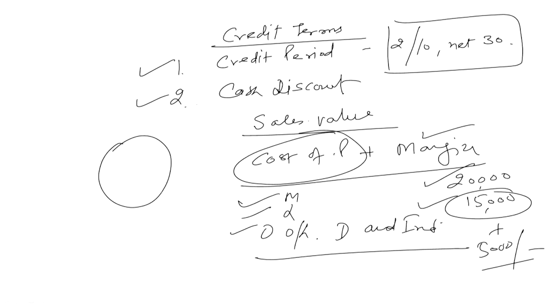If it has to go to the market, it has to go on credit, otherwise it will have to be kept in the warehouse. So you have options: either you will have it as inventory or you will have it as another current asset, that is the credit sales.